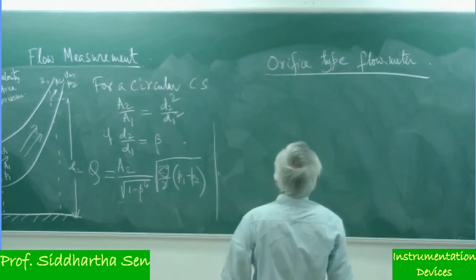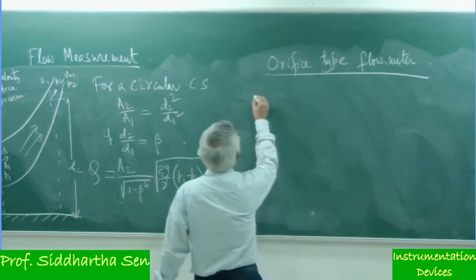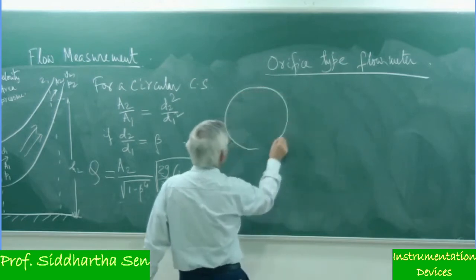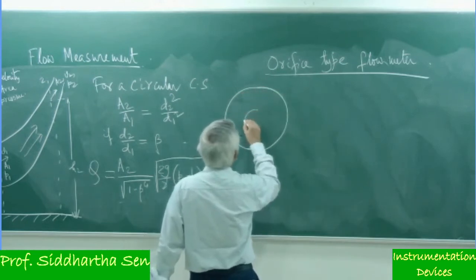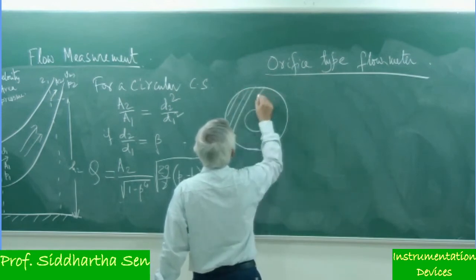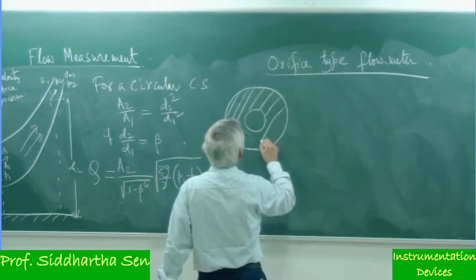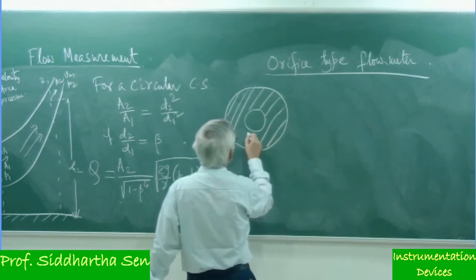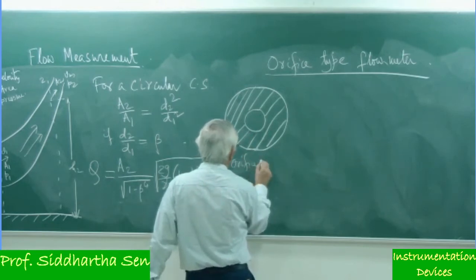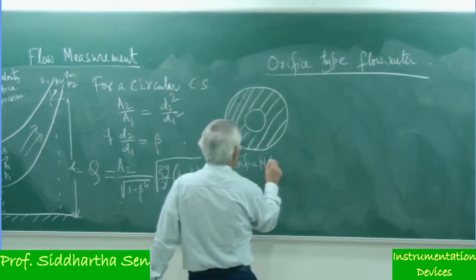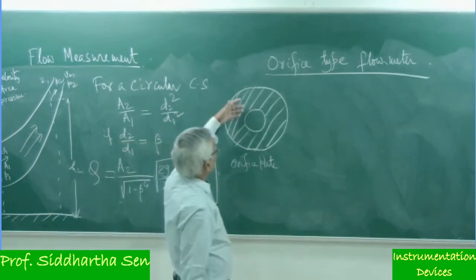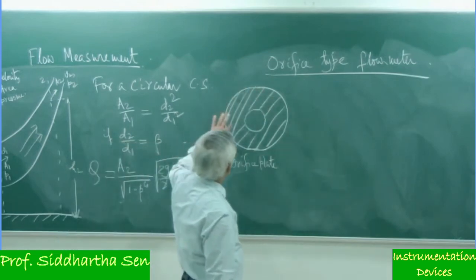So the orifice method, what we do is this. This is known as an orifice plate. Just a simple plate where the flow will be blocked on the outside.